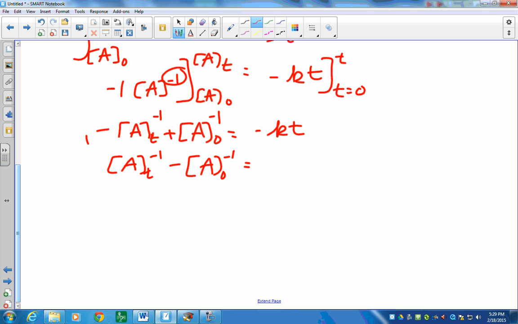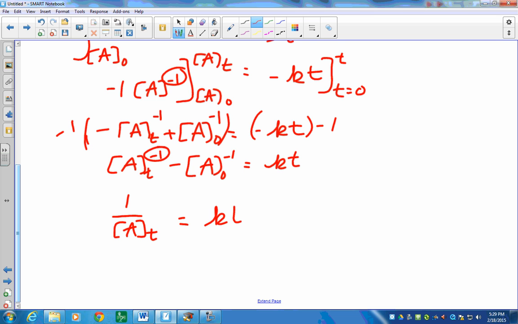And then if I multiply both sides by negative 1, then this becomes positive kt. And then when I move this to the other side, I get 1 over A sub t, because that's what reciprocal means, equals kt plus 1 over A sub 0.